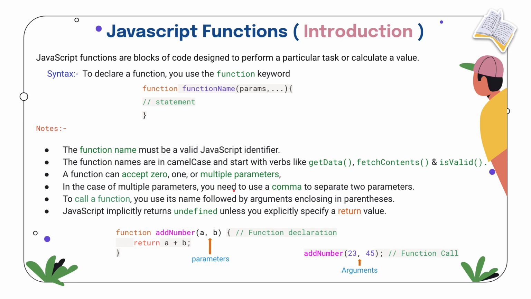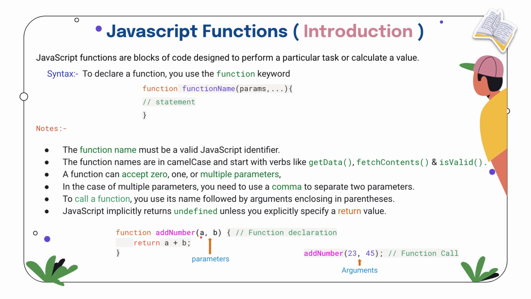To call any function, we have to write the name of the function, as defined here, with an open parenthesis and a close parenthesis, and then we can provide the parameters defined in the function as arguments, right? So there is a difference between a parameter and an argument. A parameter is used while declaring or creating a function.